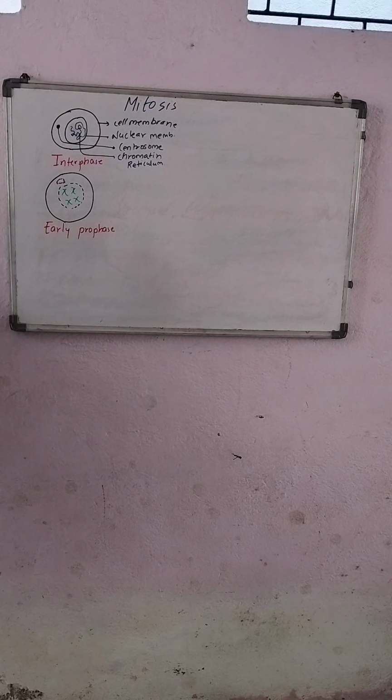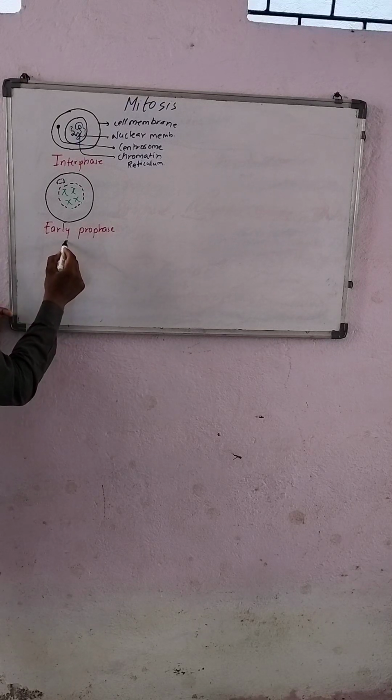This is the early prophase where the centrosome is now split into the centrioles, and the centrioles move towards the corner. Let's see after this phase, that is known as late prophase.